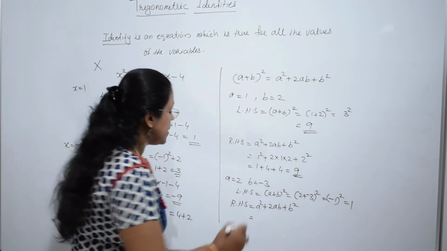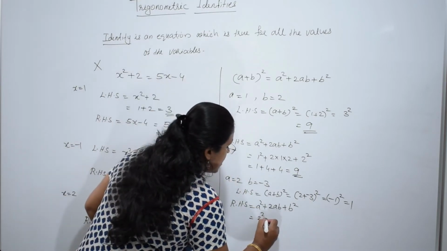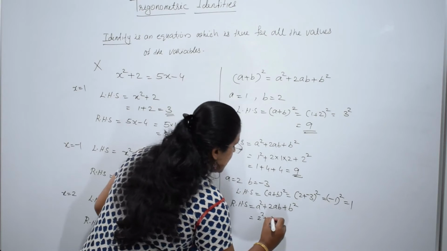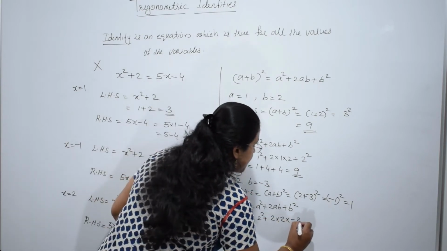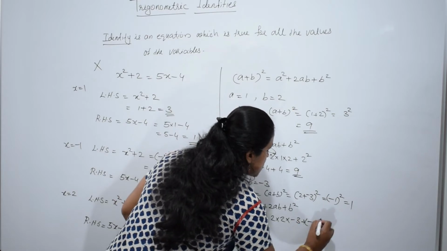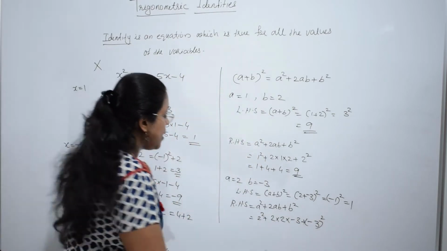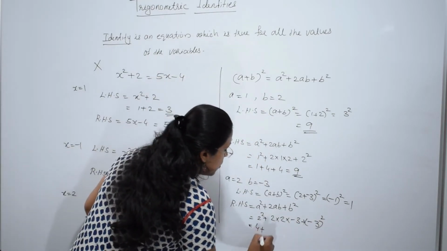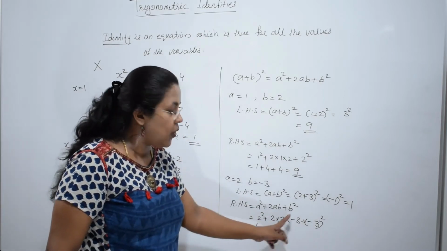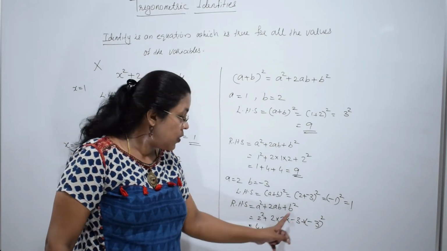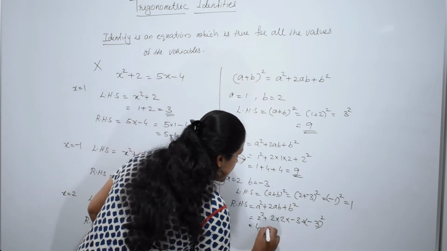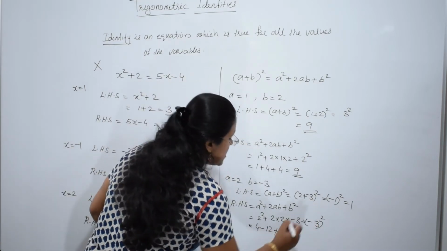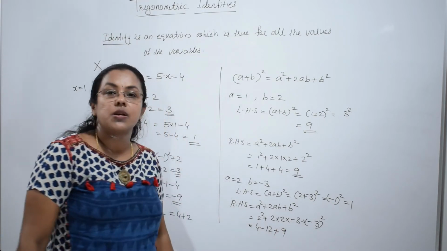Substitute the values here. a square is 2 square, 2ab is 2 into a is 2, b is minus 3, plus minus 3 square. Clear? Now, what is 2 square? 4. 2 into 2, 4. 4 threes are 12. 4 into minus 3. So, what is the answer? It is minus 12. Plus minus 3 square, which is 9.